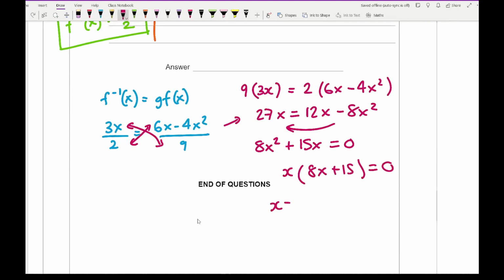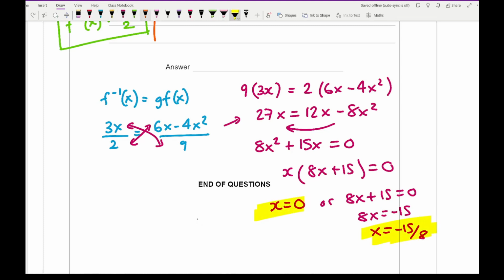So then x either equals 0 or 8x plus 15 equals 0, in which 8x equals minus 15. So x equals minus 15 over 8. So these two numbers here are my answer. So the final answer then is x equals 0 or x equals minus 15 over 8.